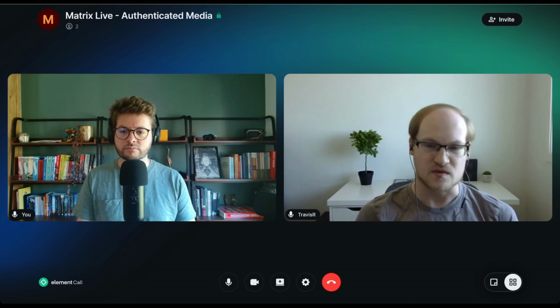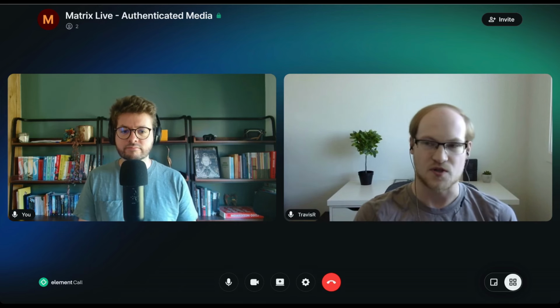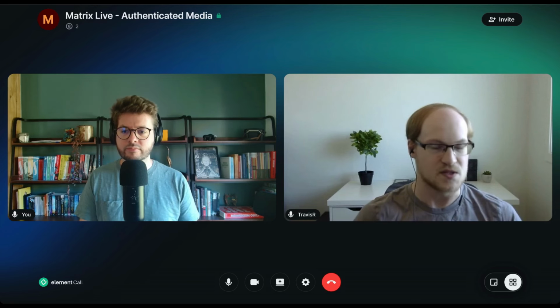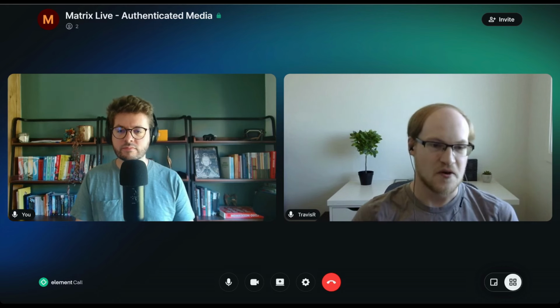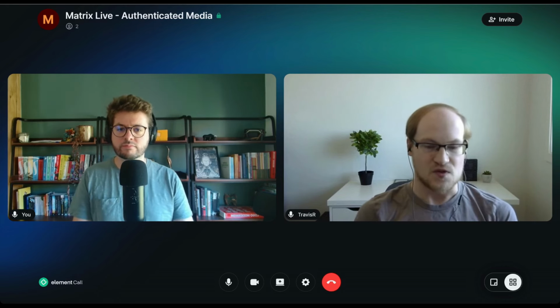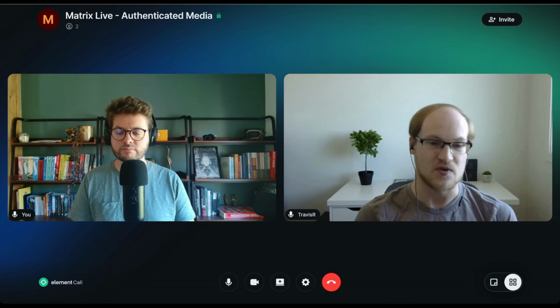With the linking media, it is probably worth mentioning that MSC3911 is quite large as an MSC. So what we're looking to potentially do is break it down into a bit smaller pieces. So there might be some MSCs around that, just to kind of bring us a little bit closer to authenticated media, get those upload endpoints brought over to the new namespace as soon as possible, regardless of whether or not we actually have linked media at that point.